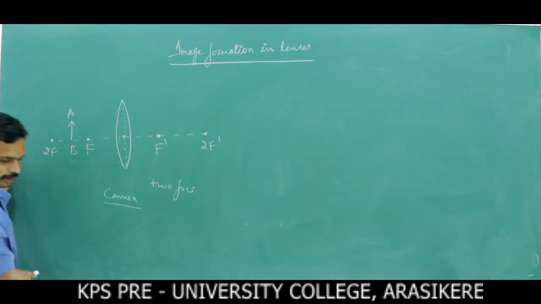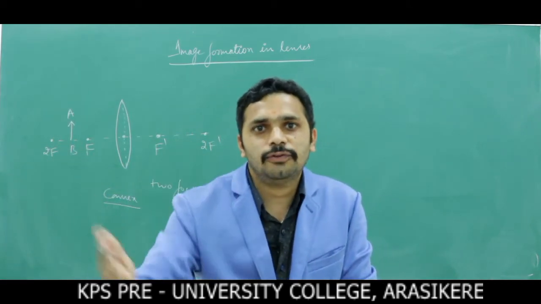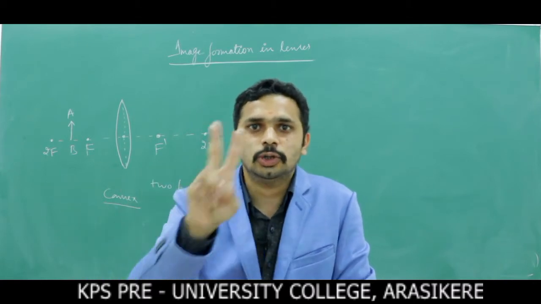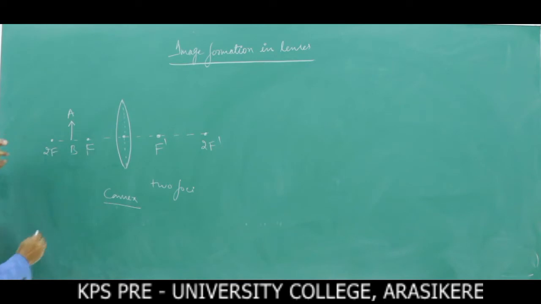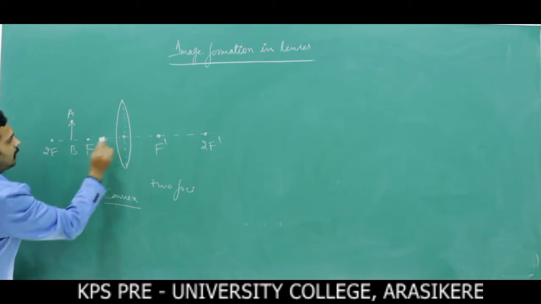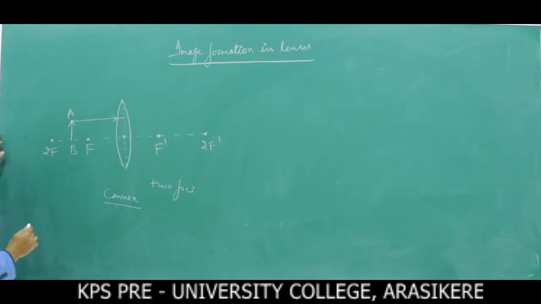Now, to get an image you have to consider the rays of light from the object. Here I am using two to three rays of light from the object. Look here, this is the object. Now the ray from the object is parallel to the principal axis. This is the principal axis.